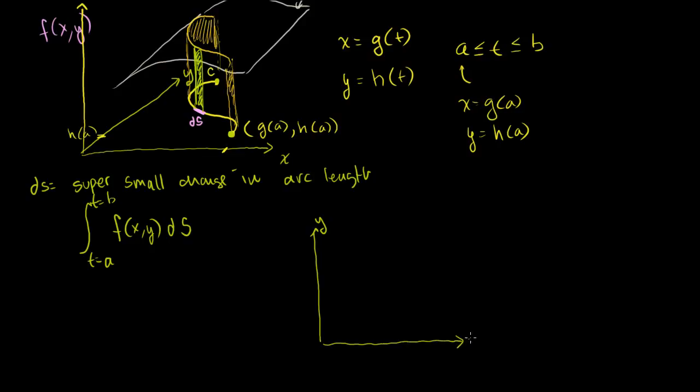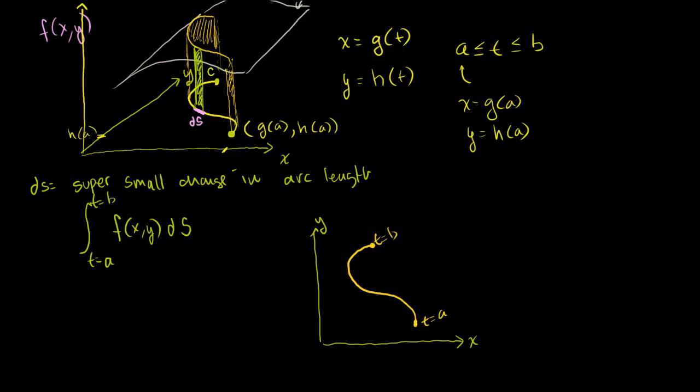That is my x-axis. And so this path right here, if I were to just draw it straight up like this, it would look something like this. Right? That's my path, my arc. This is when t is equal to a. This is t is equal to b. Same thing. I just picked it back up so we can visualize it.